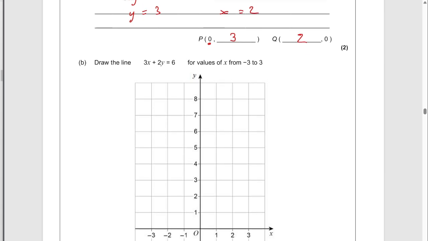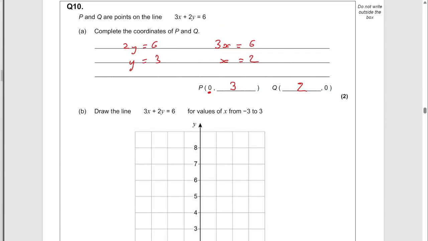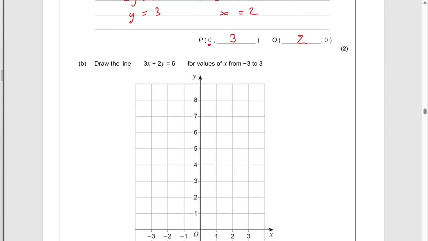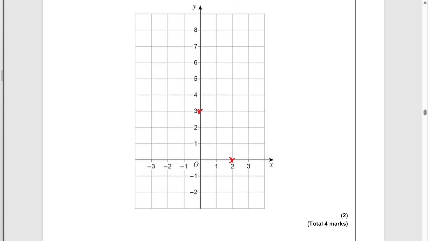Draw the line from the values -3 to 3. So part A gives us a good start to this. We can plot these two coordinates on 0, 3 and 2, 0. And then we're after a straight line that just joins those up. I'm going to carry on that pattern.